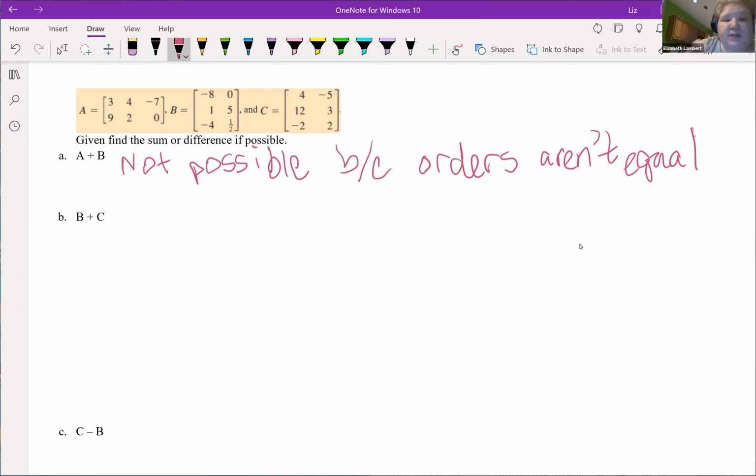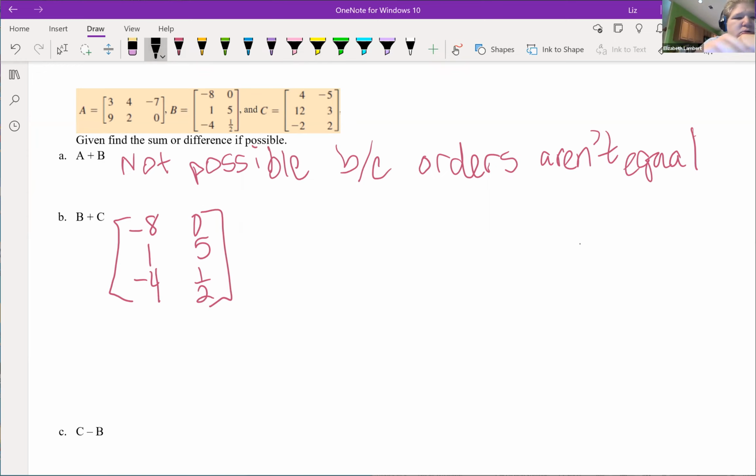Now, B plus C and C minus B, the next two, those we actually can work out. So for B plus C, just give me a sec to write these.